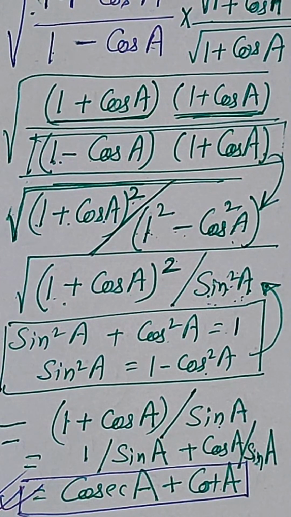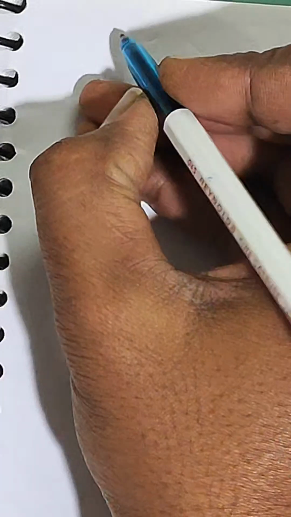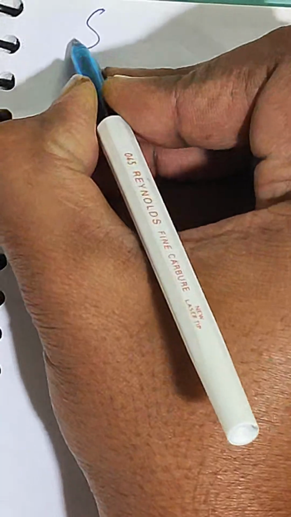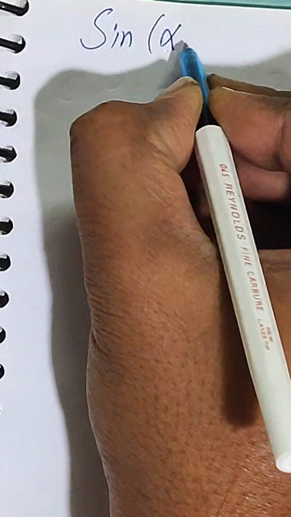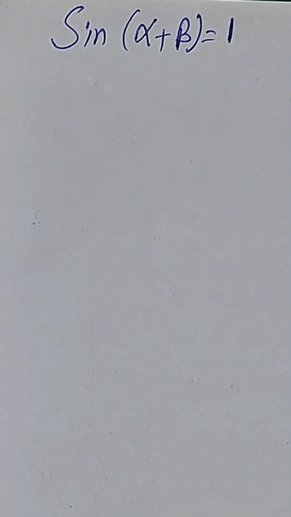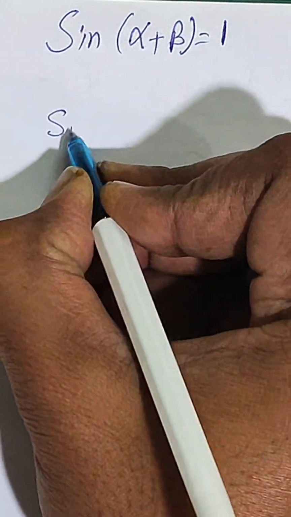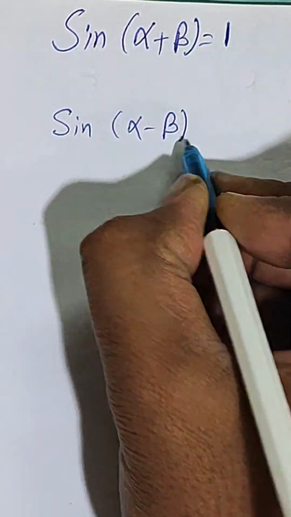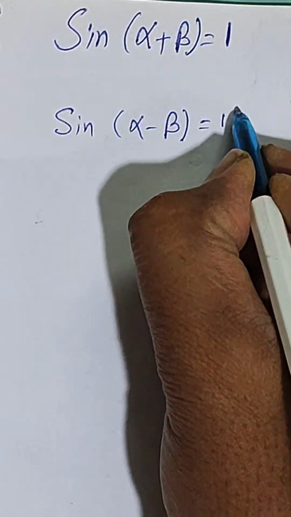Let me take the second question for today's series. The second question which we are going to take today. It's given that sine of alpha plus beta is equal to 1. This is given to you. Sine of alpha plus beta is equal to 1. And sine of alpha minus beta is equal to 1 by 2.